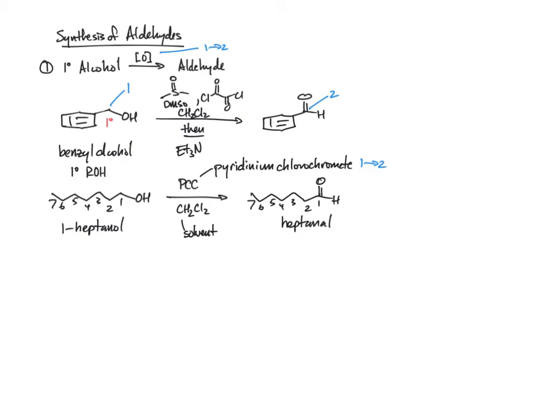So another synthesis of aldehydes, and actually ketones, depending on the starting material, is the ozonolysis reaction, where we take an alkene, and we're going to treat it with ozone gas, and end up with aldehyde or ketone.